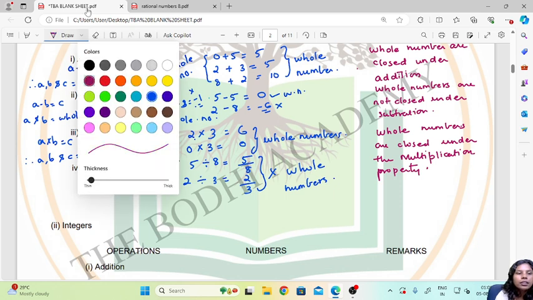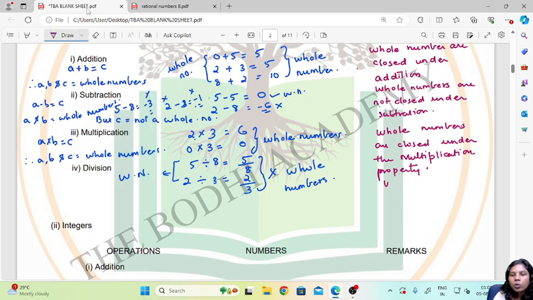Therefore we can say that whole numbers are not closed under the division property.